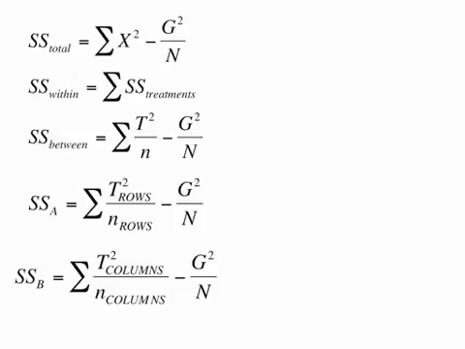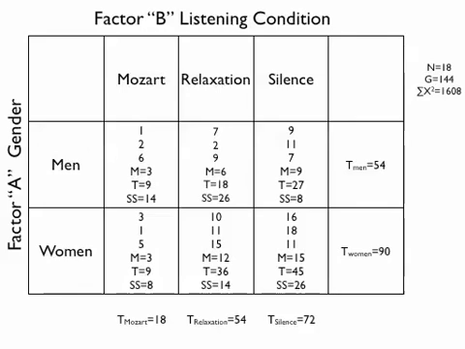There's sum of squares for the A factor. And in this example, sum of squares for A is the sum of T squared over n just for the rows. So it's the sum of this T squared, the T for men squared, divided by its n, right?